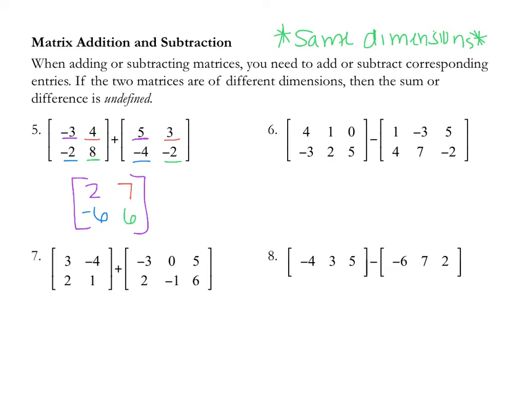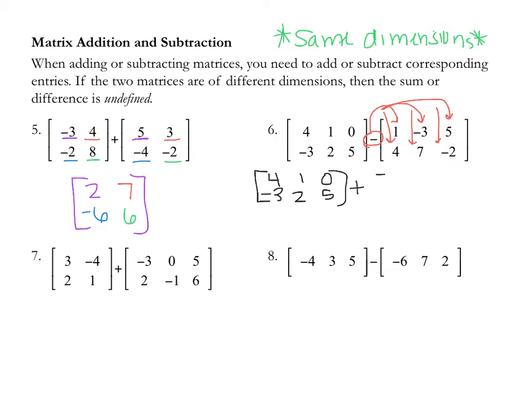For number 6, we're subtracting. For subtracting, I always recommend that you distribute the subtraction. It's going to distribute to every number. And I'm going to distribute the minus sign and change it to plus. I always rewrite it that way so I don't mess up. If you think you're going to be careful enough, you can try and subtract it, but chances are you'll make a mistake with one of the numbers.